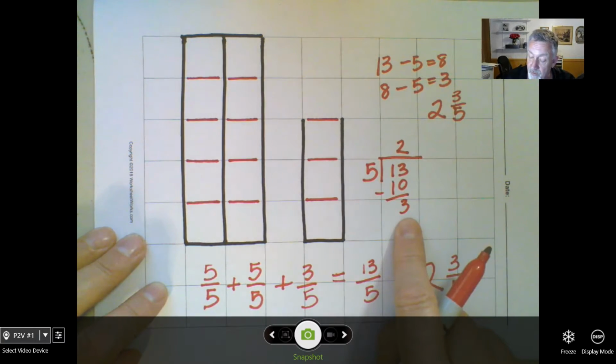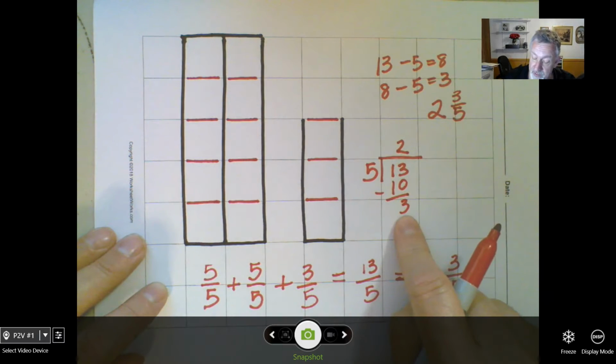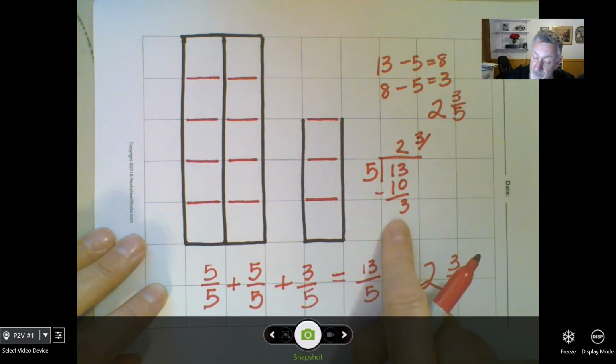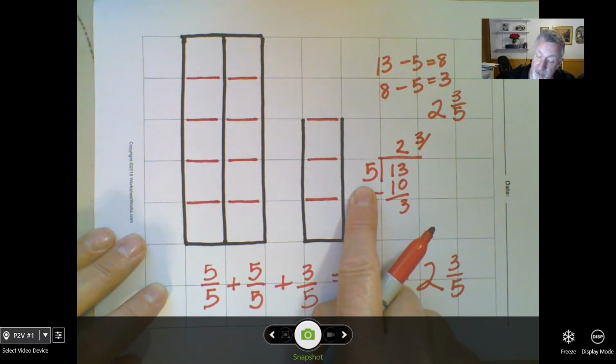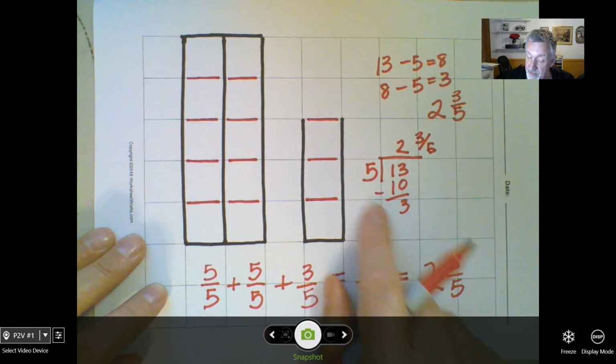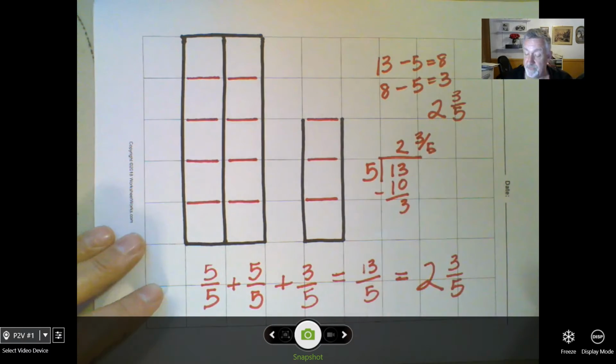I cannot get another whole set out, so I'm done, except I need to report my remainder. But what this remainder is, it's a remainder of 3 out of a total of 5. So another way I can look at this is to say that 13/5 is 2 3/5.